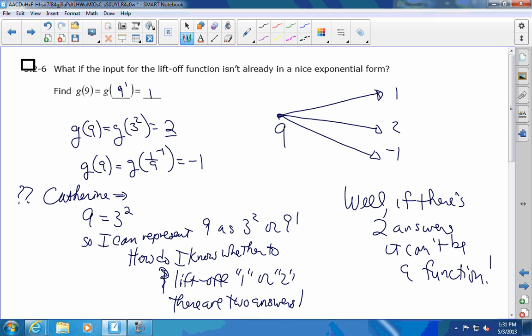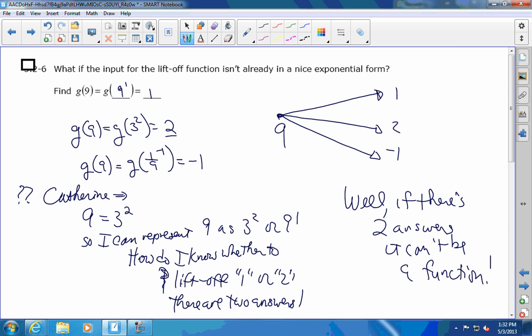I don't know what to do. I know I can't have this situation in a math class if I'm defining a function. So I think I need to add another detail to this function besides just lifting off the exponent. Okay, there's something else that has to happen.